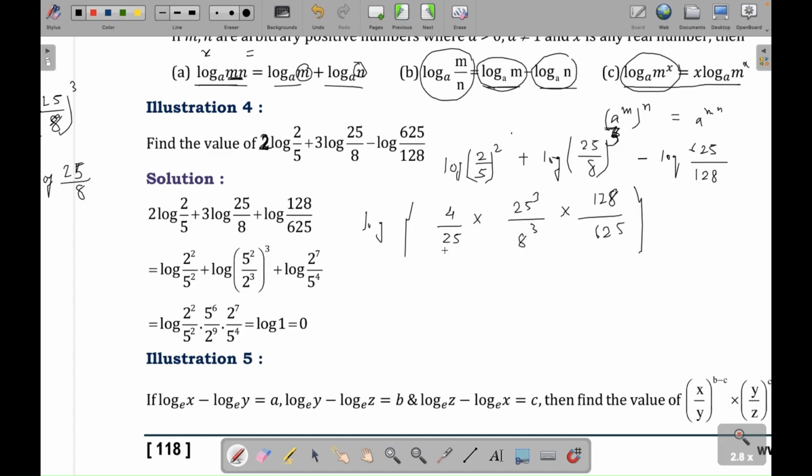So 25 becomes square, and 25 square and 625 get cancelled. Similarly 4, and then this becomes square, 2 remains, so 64, and then 8 square and 64 get cancelled, so you get log of 1, which is 0.